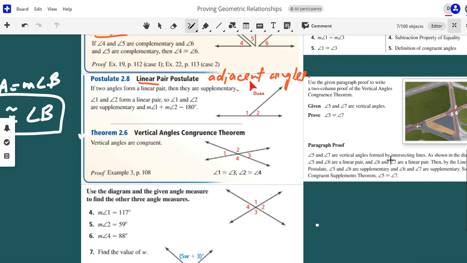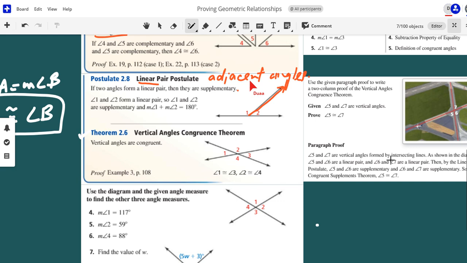For example, if you look at angle 1 and angle 2, they are sharing this arm. This is common between them, right? Is it clear? So when two angles are called a linear pair, or adjacent angles, they share a common arm.